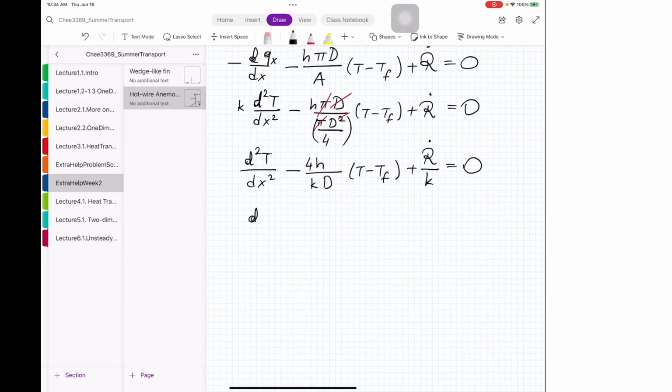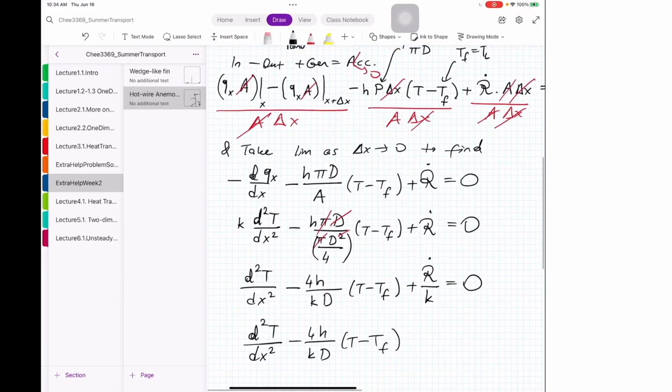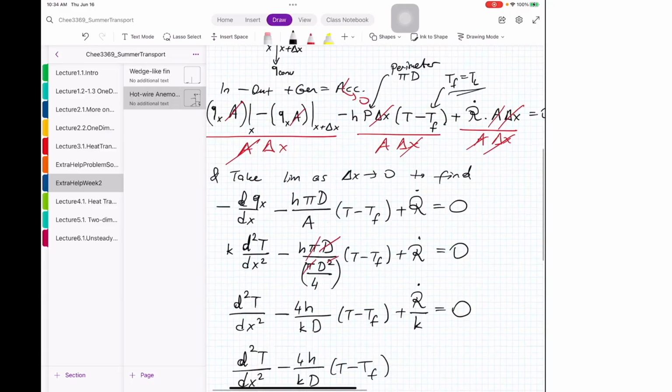So d squared T over dx squared, 4h over kd, T minus Tf. And also the Tfs, we can actually replace them by TLs, right? We said that at this point. So let's make them TL to be consistent.